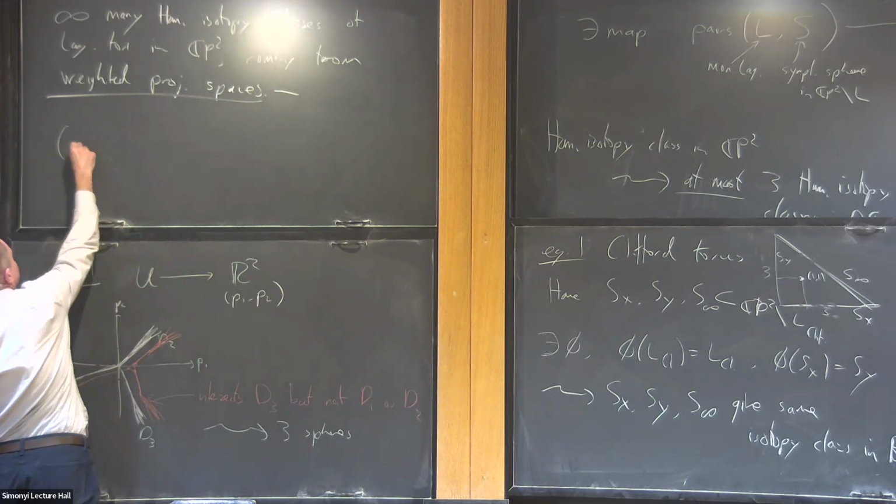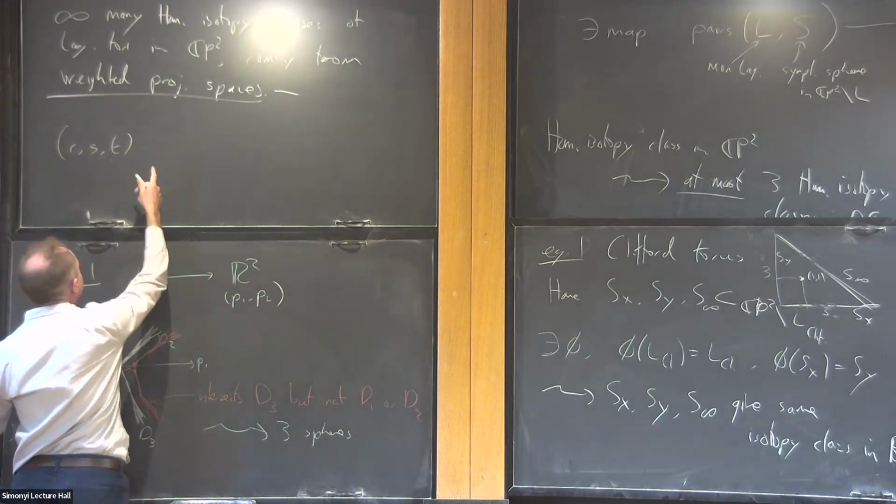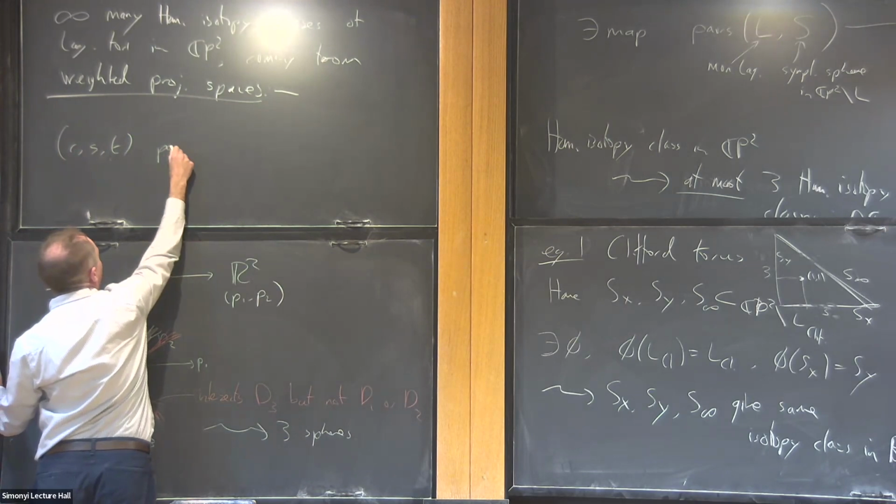For weighted projective spaces, I need three numbers R, S, T, natural numbers, pairwise coprime.